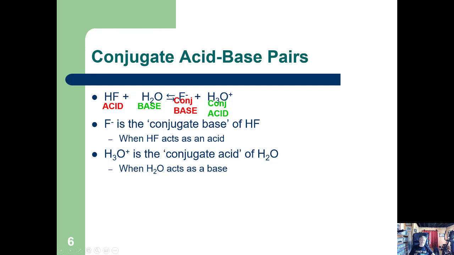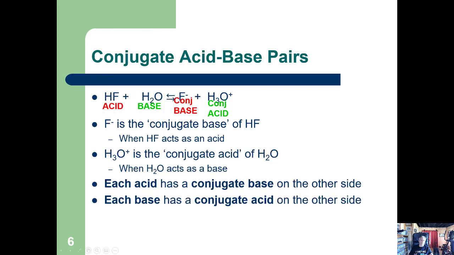When HF is acting as an acid, hydronium ion is the conjugate acid of water when water is acting as a base. So really, the conjugate acid-base pairs are about the acid-base behavior that you have. Each acid has a conjugate base on the other side, each base has a conjugate acid on the other side.